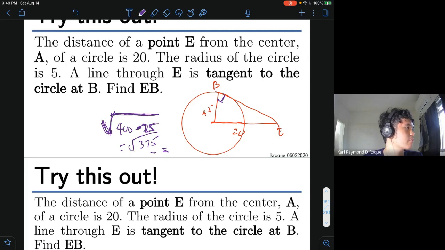Hanapin ko na yung answer key nito. Okay, double check ko na lang mamaya.